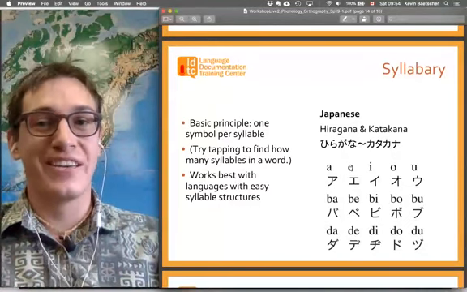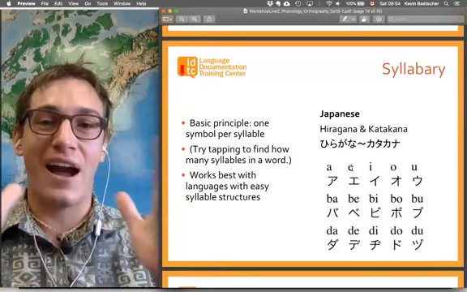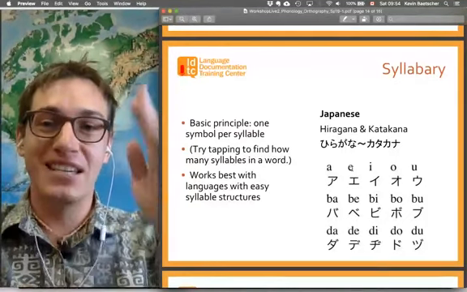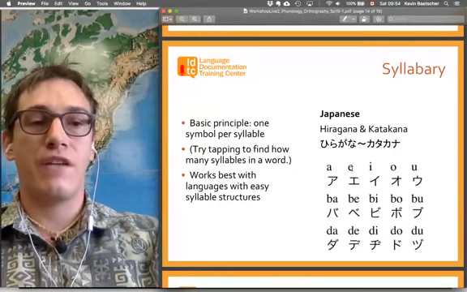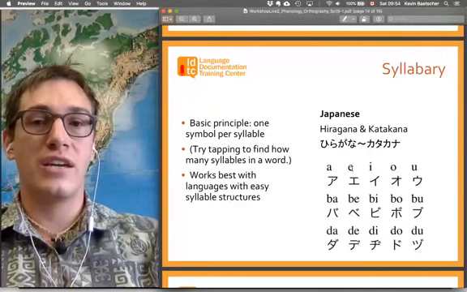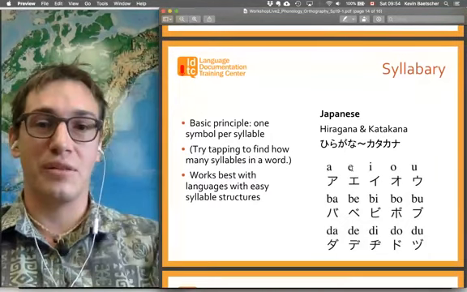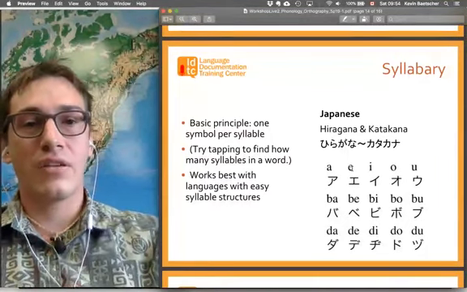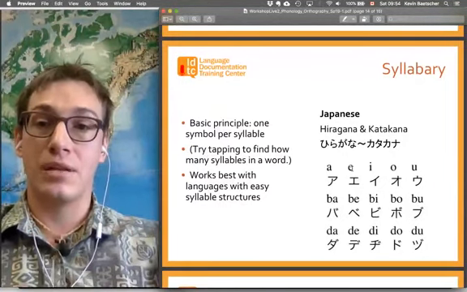There are more scientific ways to think of syllables, but this is an easy, practical way for you to conceive of syllables, okay? So if we wrote phonology with a syllabary, there would be 4 characters because phonology has 4 syllables. Now, this kind of system works best with languages that have fairly simple syllable structures.